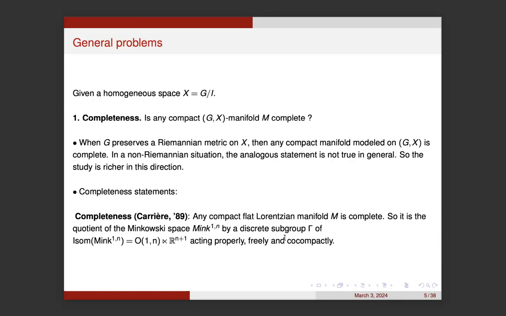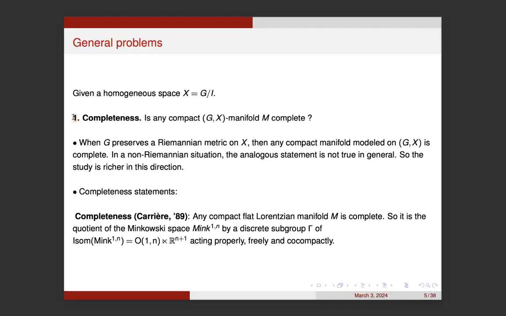So now, given a homogeneous space, there are three general problems we can study. The first one is this question of completeness I mentioned in the beginning. This is not the question I'm going to develop, but I will mention quickly what we have here, and then I will give the two questions I will be developing in this talk.